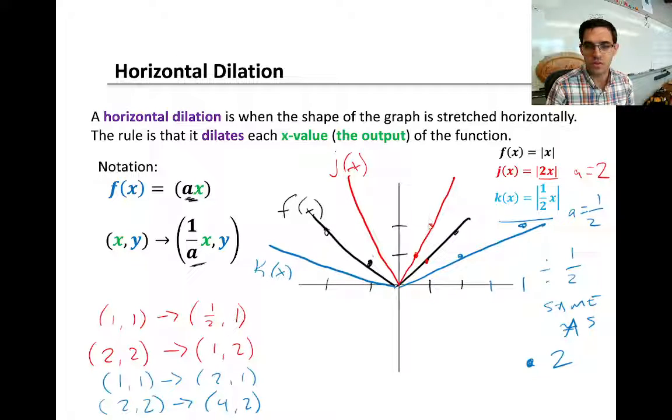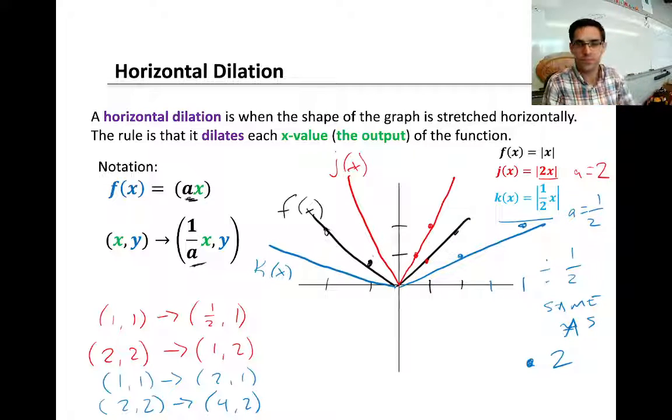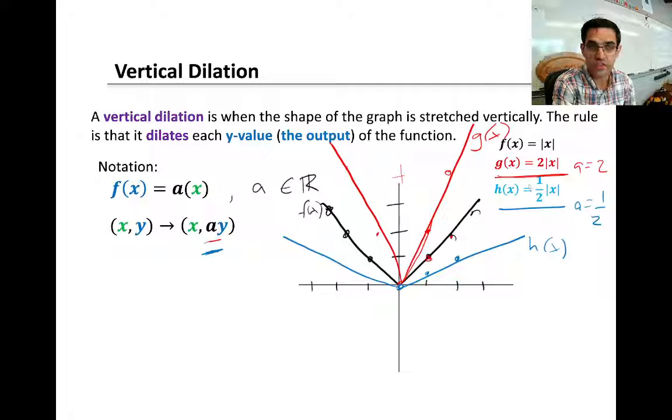So 1, 2 is going to be another point. And what we can see is we have this V, it's dilated horizontally, but we are compressing it horizontally. So we get a more narrow graph. J of x looks a lot like g of x. In this particular function, their graphs are identical. However, that won't be the case with any parent function.